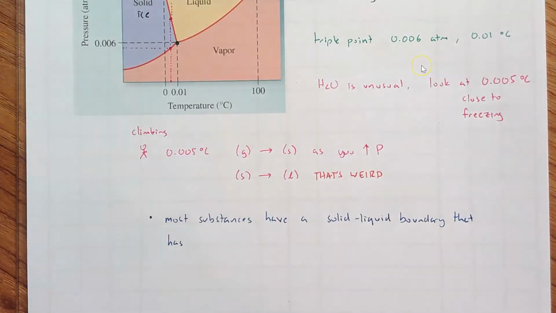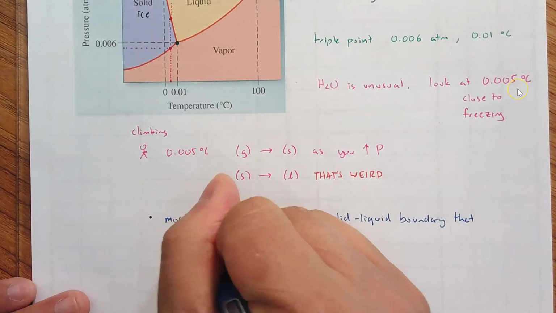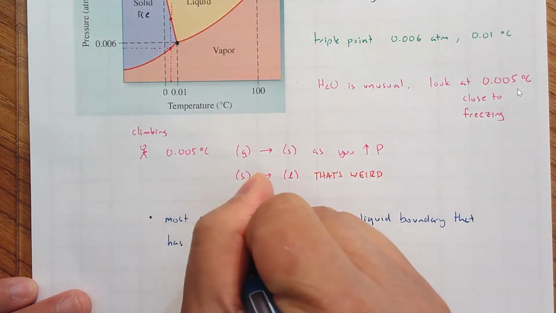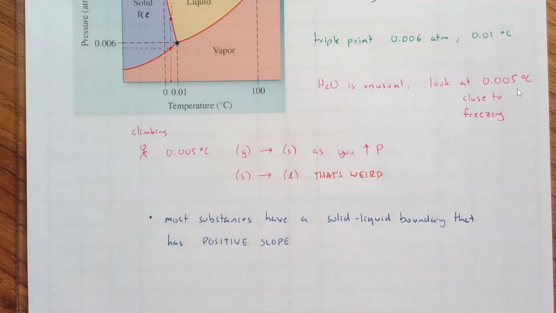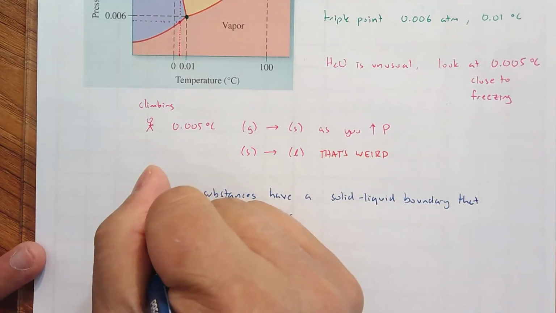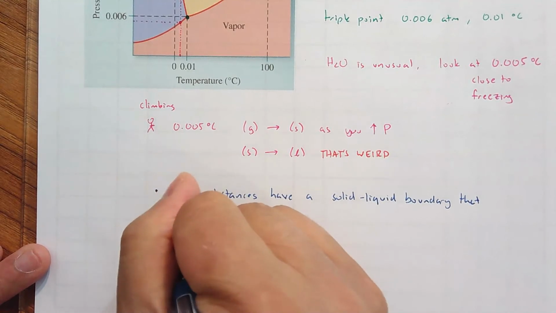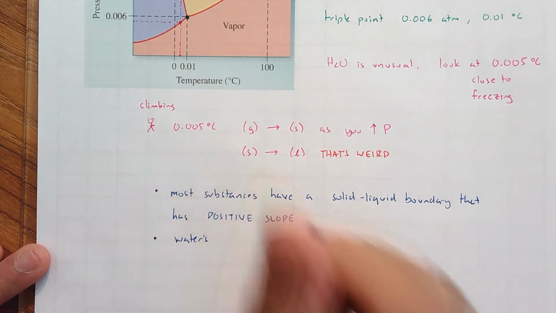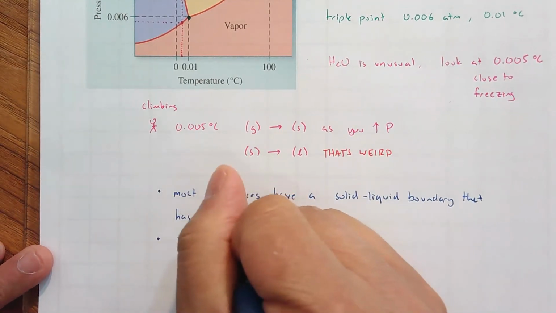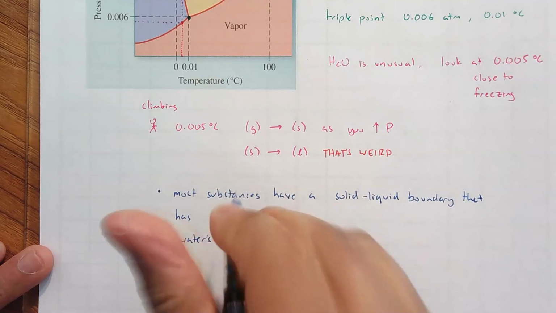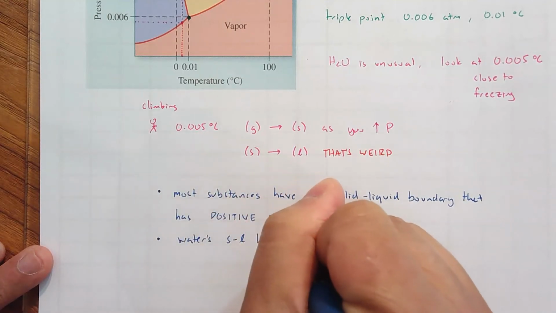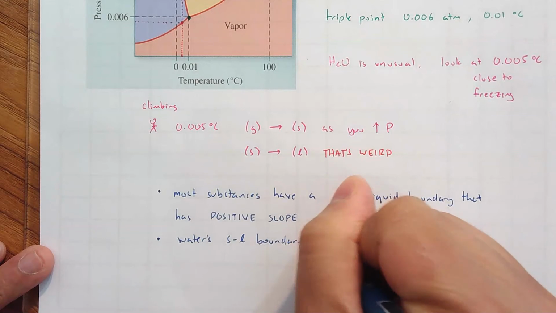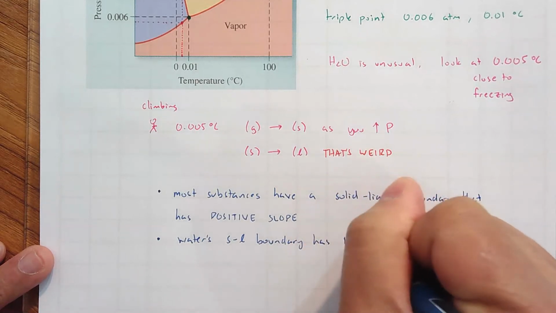Positive slope. Water has a negative slope. Water's boundary is negative. The solid-liquid boundary has a negative slope.